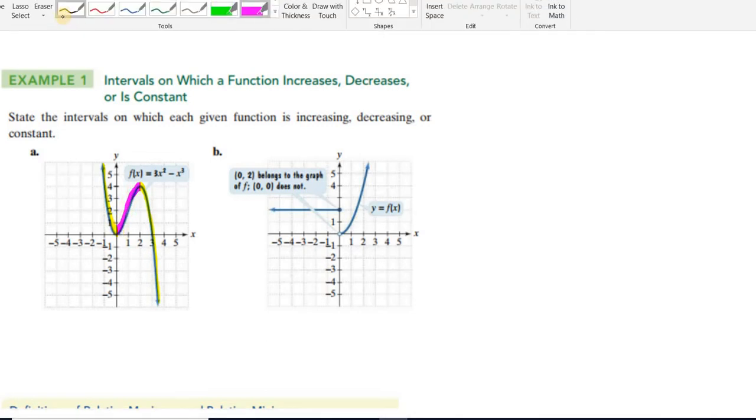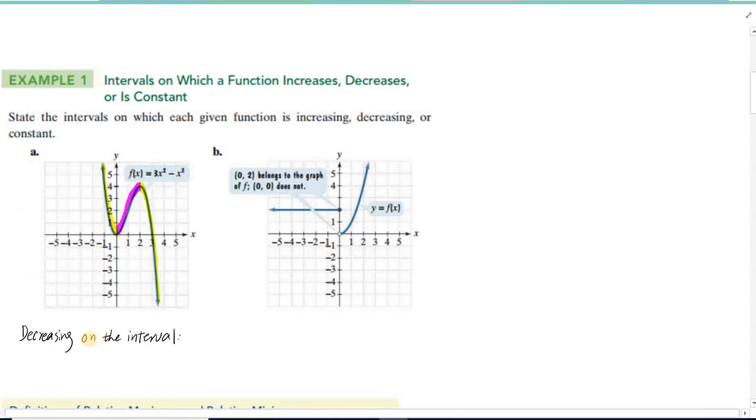So how can we answer this question? For part A, we're going to write the interval form, okay? If you look at this graph, we already know this portion is decreasing, right? And here it goes on forever. So if I want to write it out, always, when you look at this, you look at the x-axis.